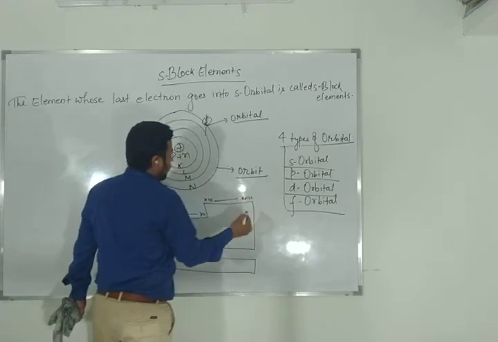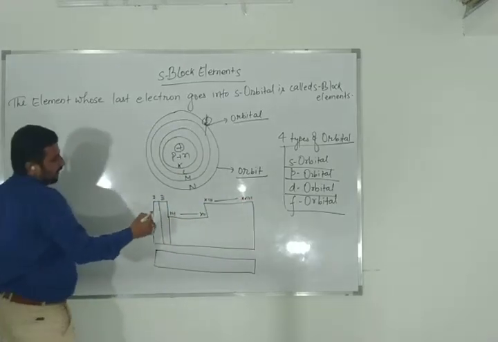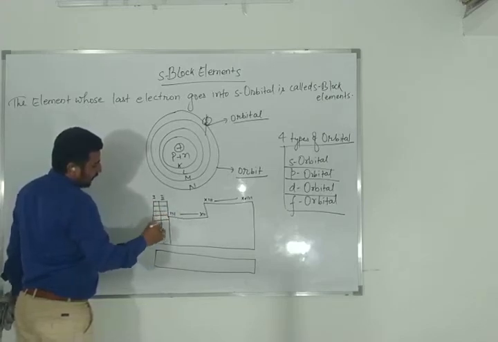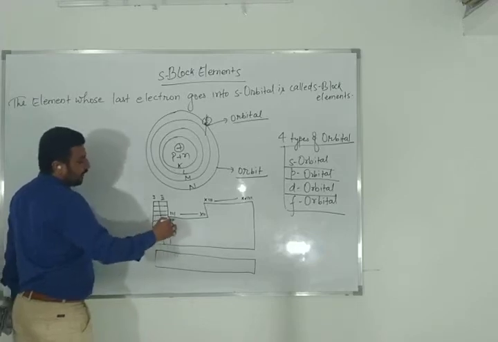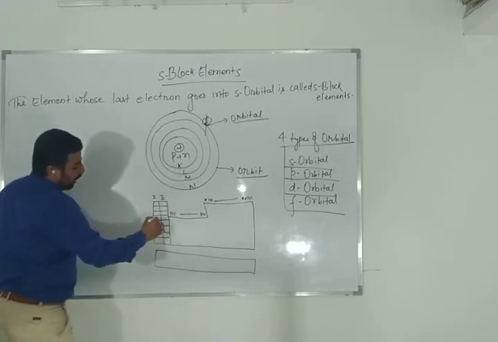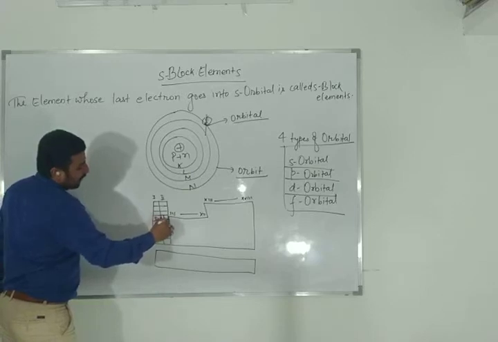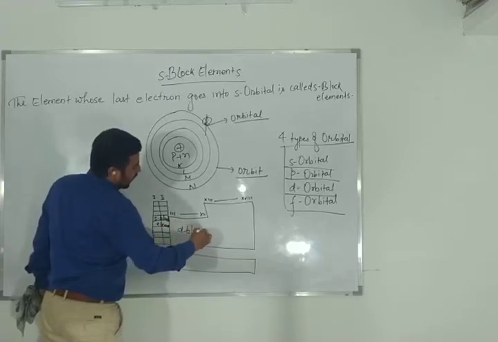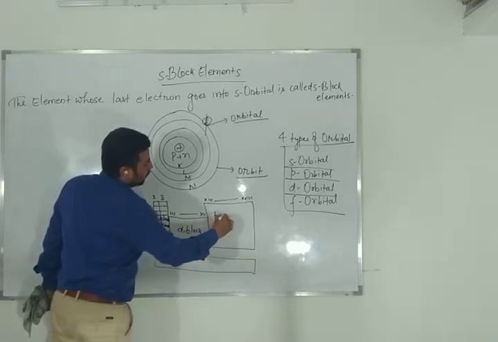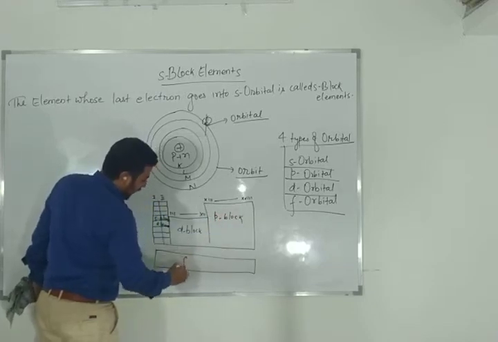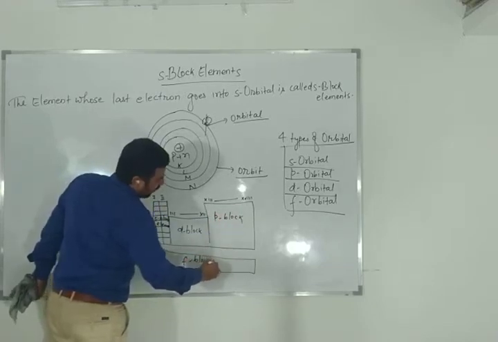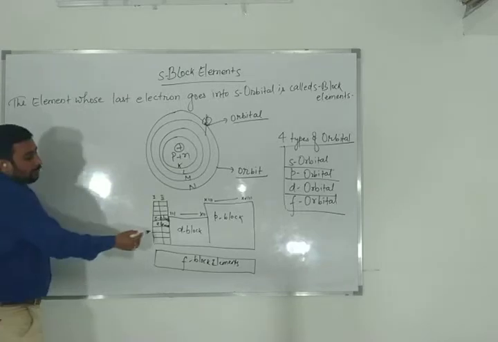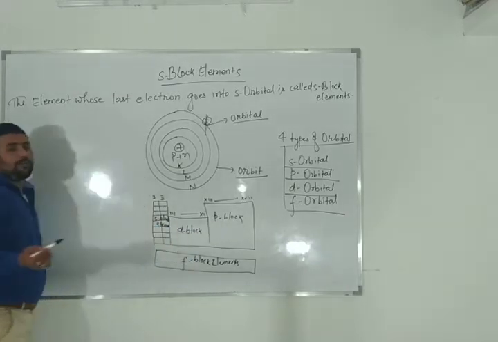As you can see here, this is the s block elements. If anybody asks you which block this is, this is the s block. This is the d block. This is the p block. And this is the f block elements. If you have seen the periodic table, then you can recognize whether sir is telling true or not, right?